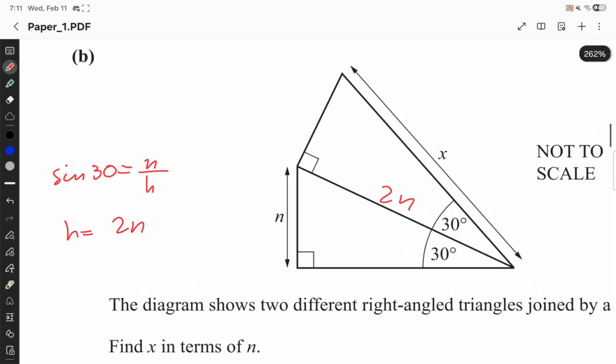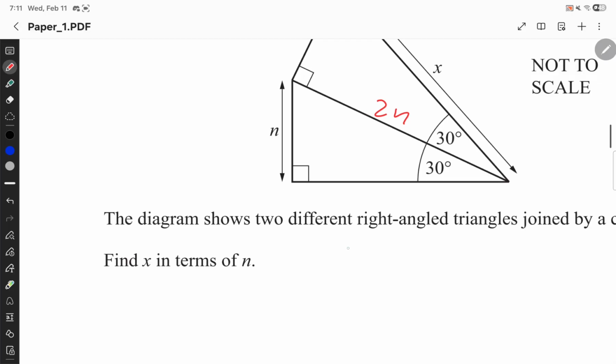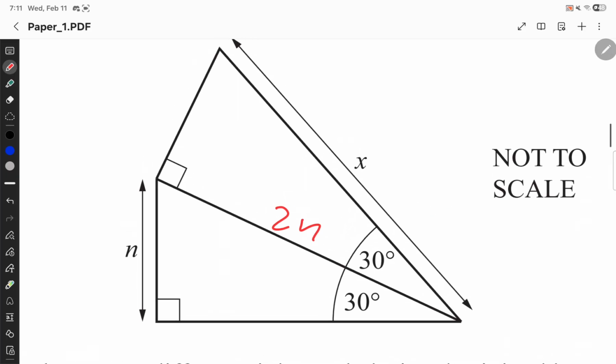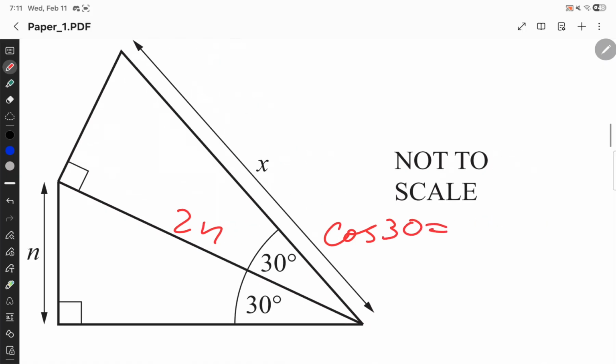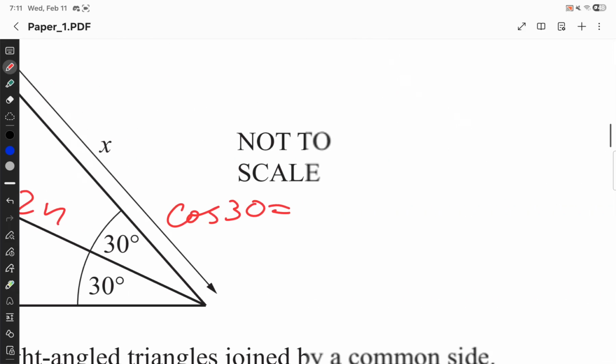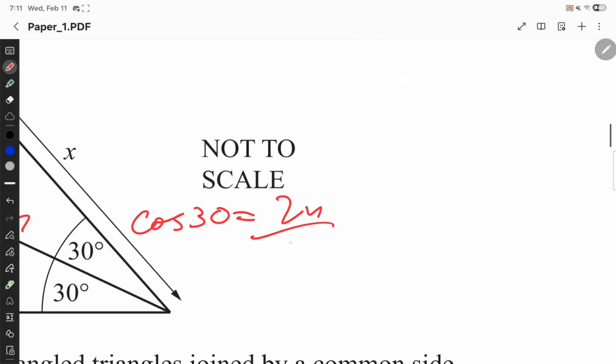Okay. Next we need to find x in terms of n. Now we can safely use the sine again. No, not sine, but cosine. Why? Because we do not have opposite. That was my first mistake when helping someone with this. Use cosine. Okay, cosine of 30 is equal to adjacent, which is 2n, over x.